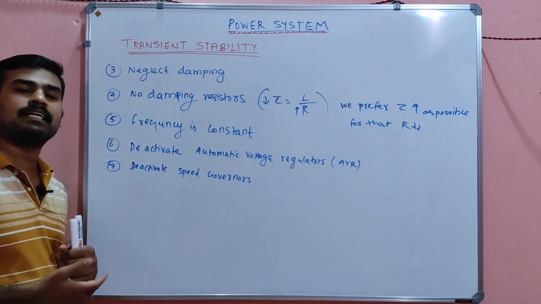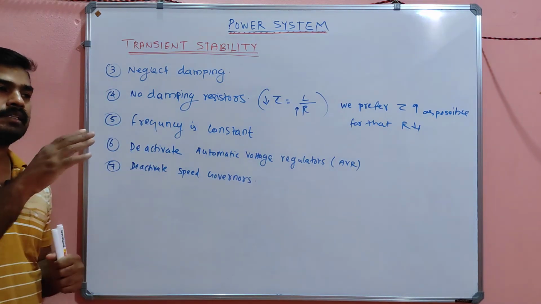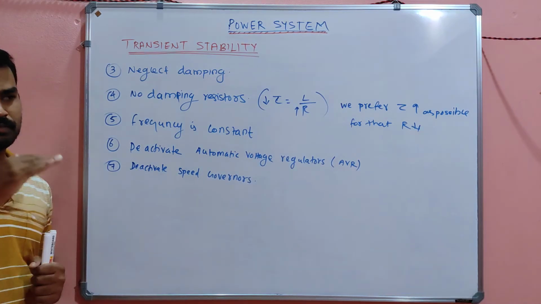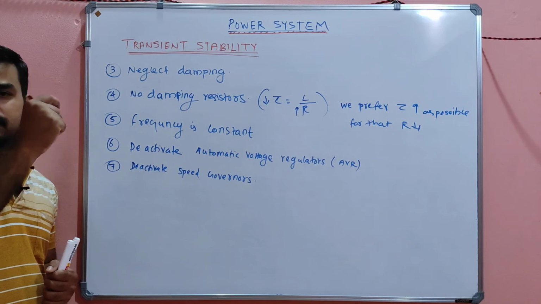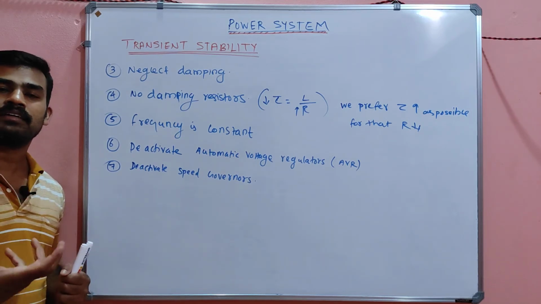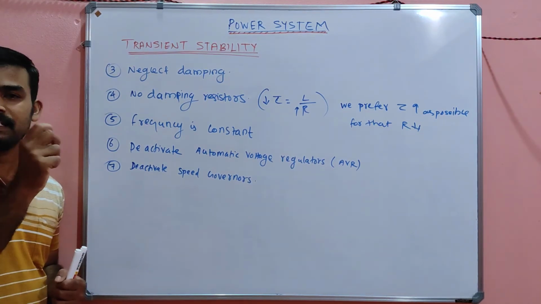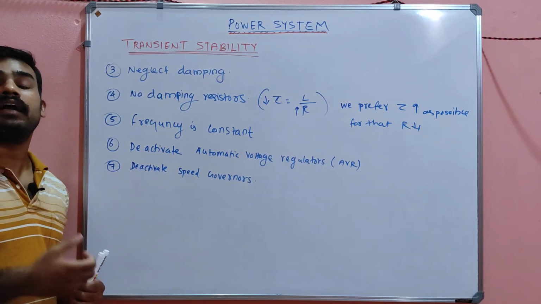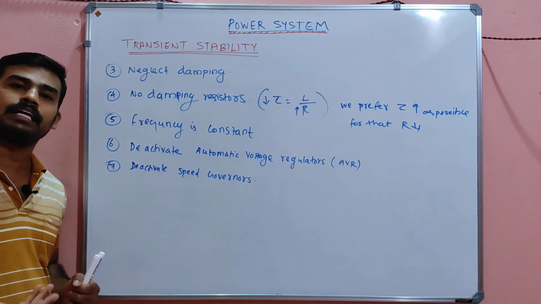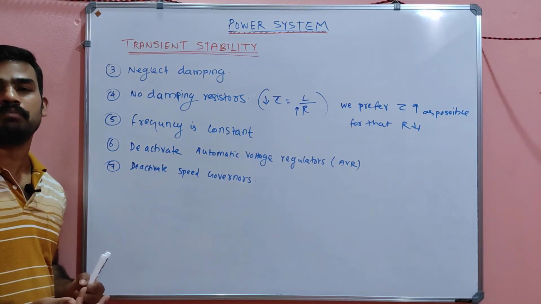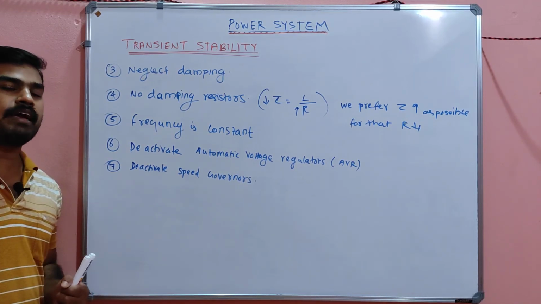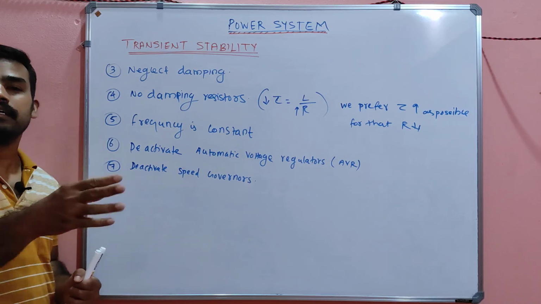If the electrical demand is very high, the alternator speed will reduce. The speed governor will sense it when it decreases from its synchronous speed, and it will increase the mechanical input, for example by increasing the fuel input.